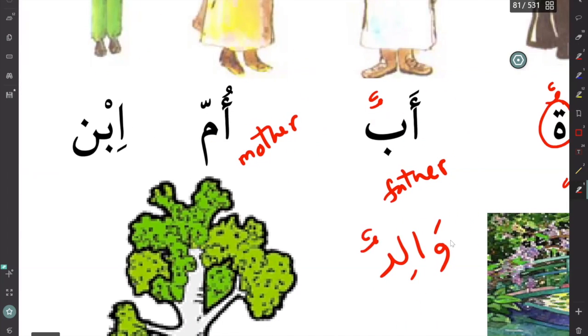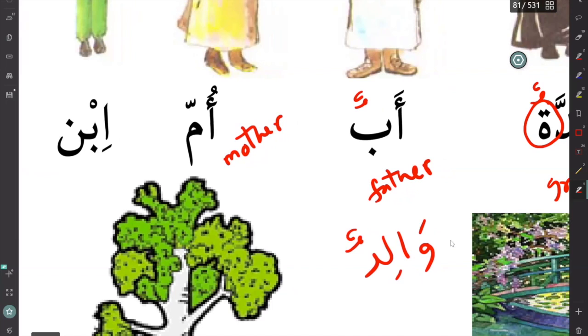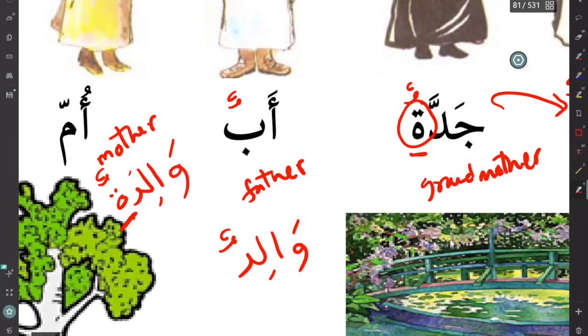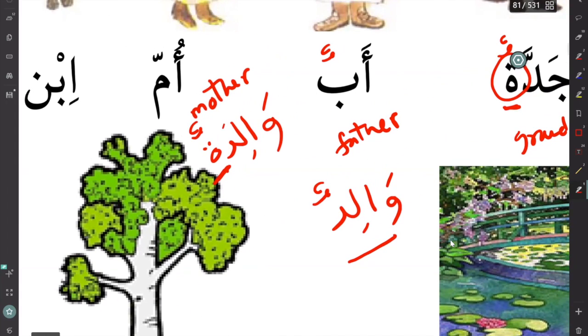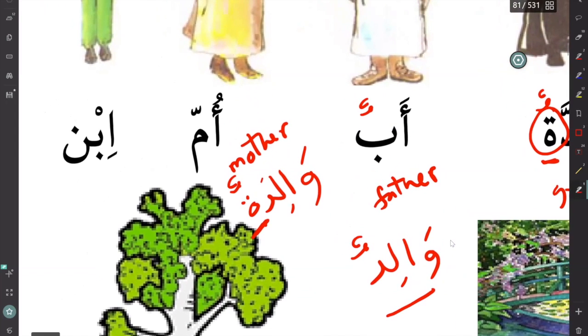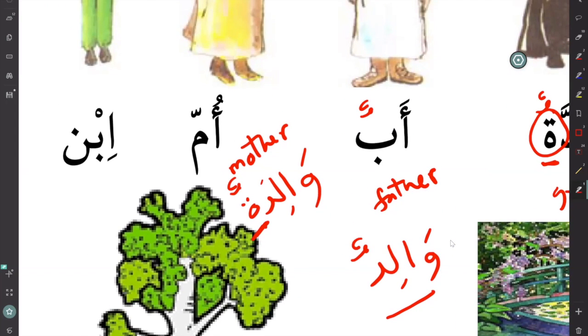And just like walidun, we have another word for mother, which is walidatun. As you can notice, we have this ta marbuta, making this word feminine. So when we make walidun, which is father, into feminine, we have mother, walidatun.